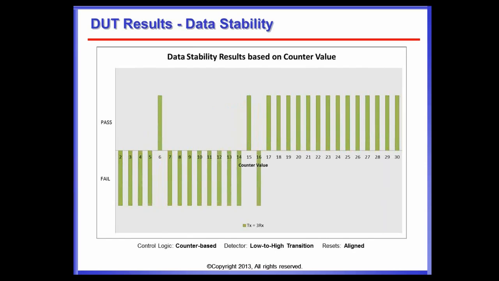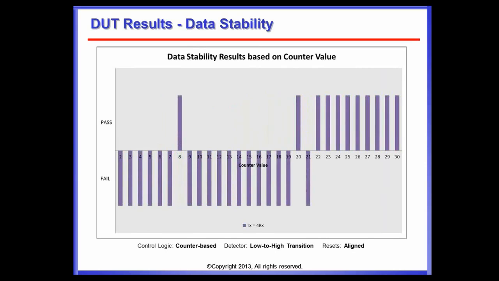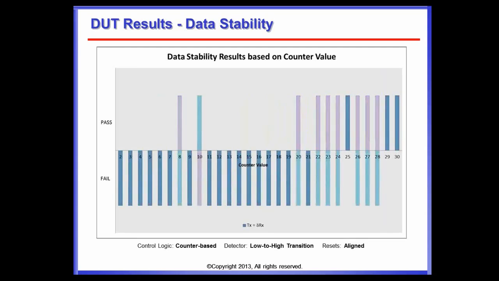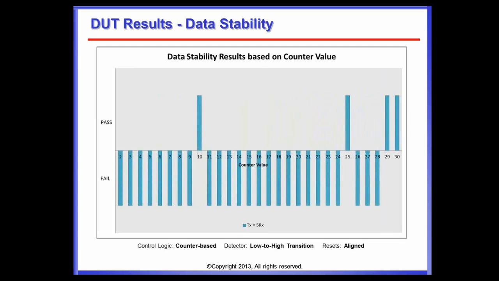And you have the same phenomenon for other ratios. So for a ratio of 5, for instance, you cannot assume that if a counter value of 10 passes, then 11 passes as well. So it's not straightforward like the pulse width.